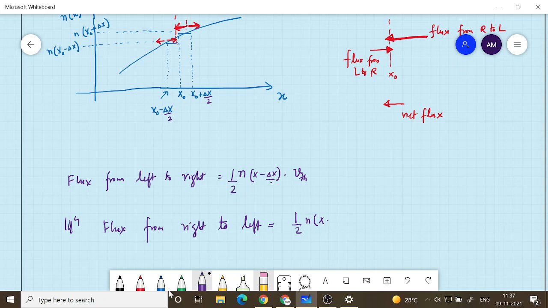So here I will put x plus delta x by 2, into, again, V thermal. So it has the same thermal velocity to the left side as to the right side, but this is from right to left. Now this quantity, the bigger arrow, corresponds to this. Why? Because n of x plus delta x by 2 is larger than n of x minus delta x by 2.